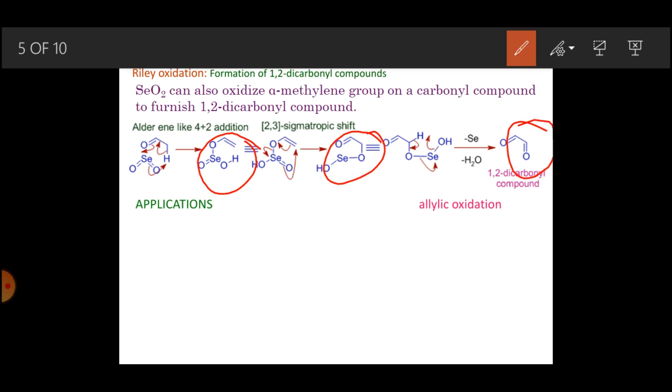So this is how selenium dioxide oxidizes the alpha methylene group to yield a 1,2 dicarbonyl compound.